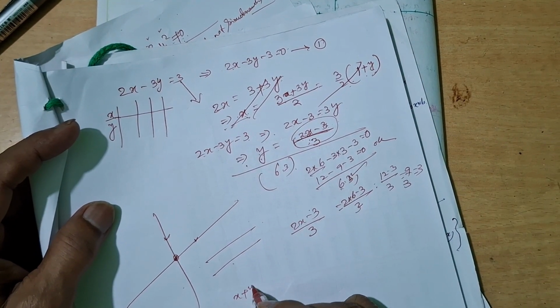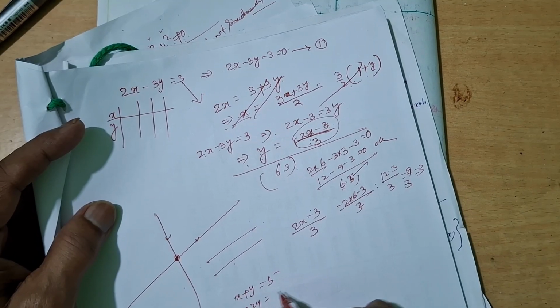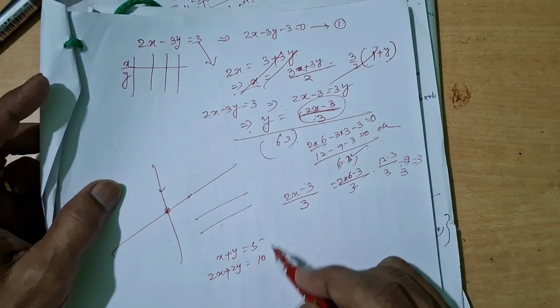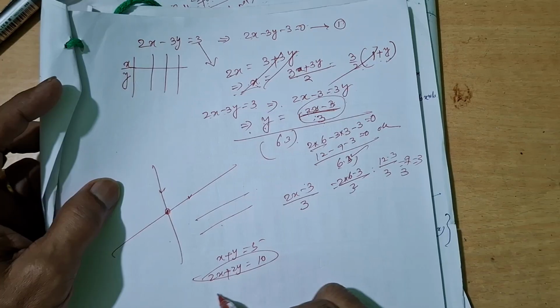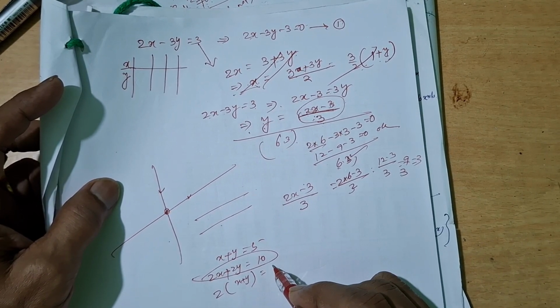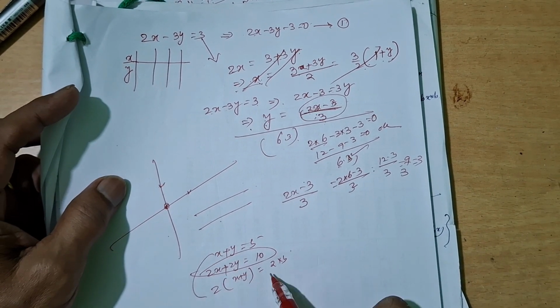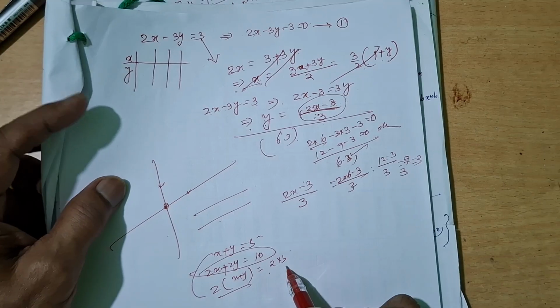Suppose x plus y is equal to 5, then what will happen? 2x plus 2y is equal to 10. I multiplied this by 2. Okay, this is 2x plus 2y is equal to 10.